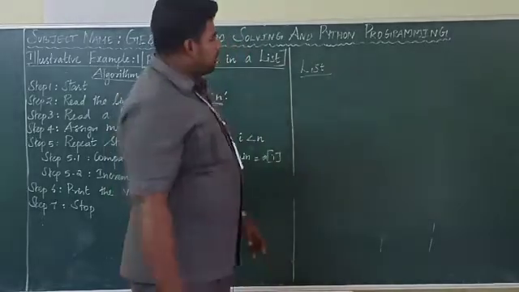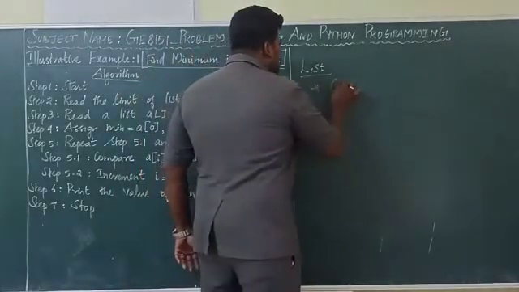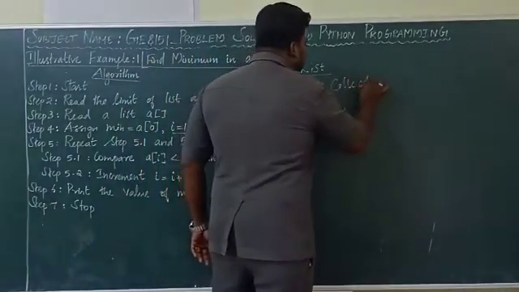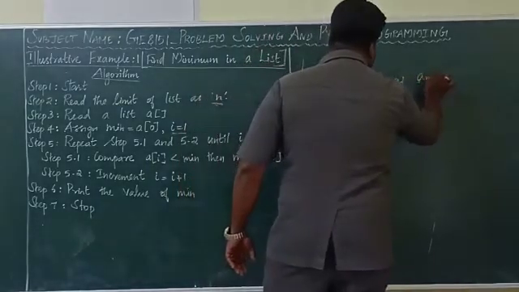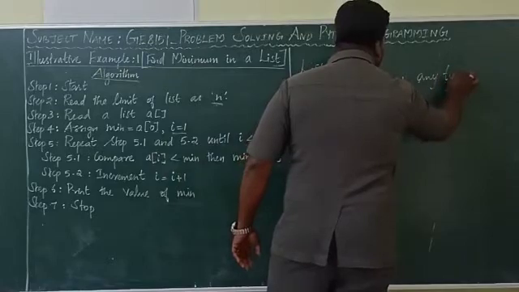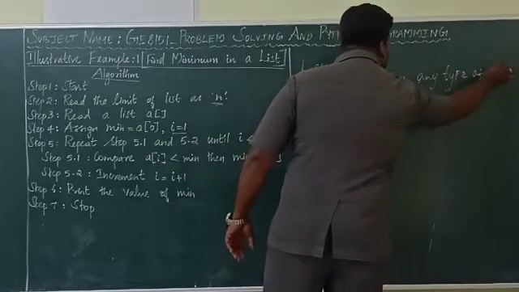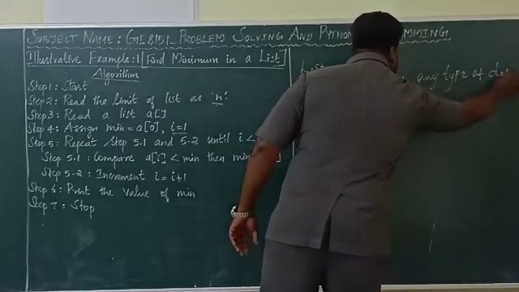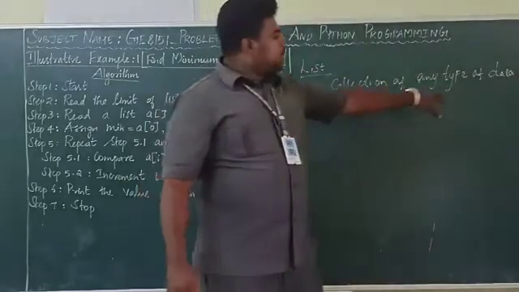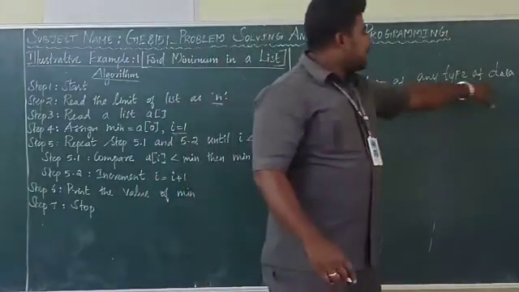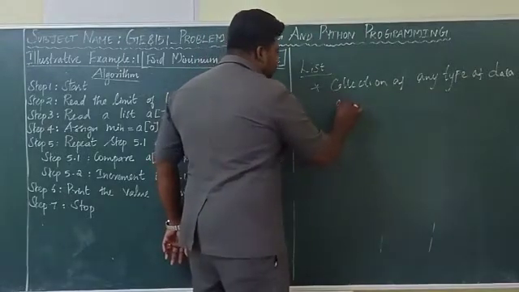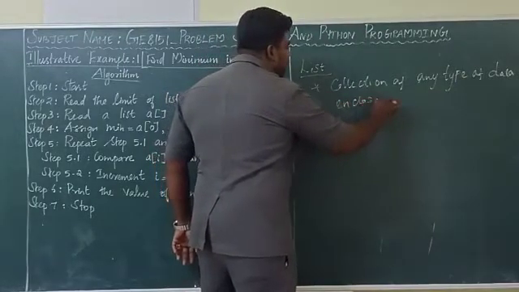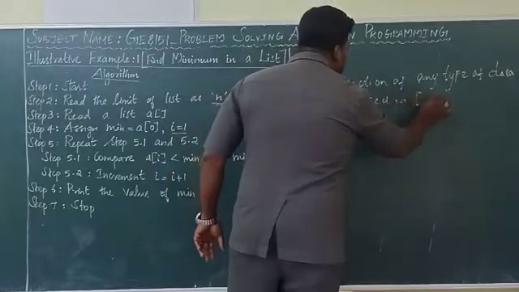So list is nothing but a collection of any type of data. What is list? List is the collection of any type of data which is enclosed in square brackets.